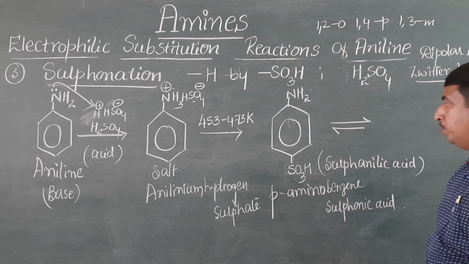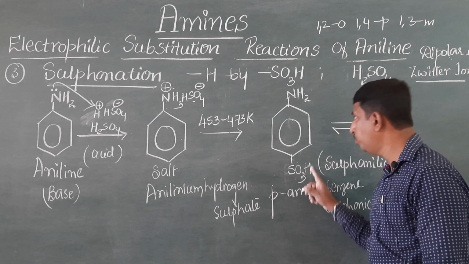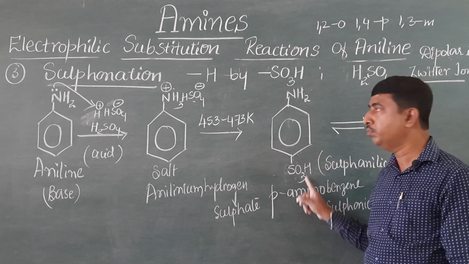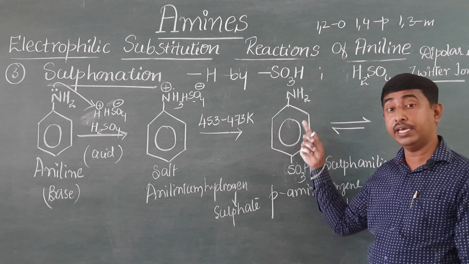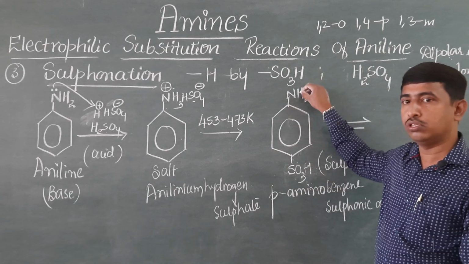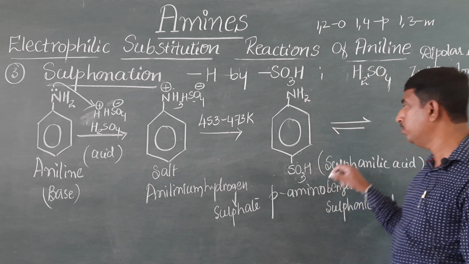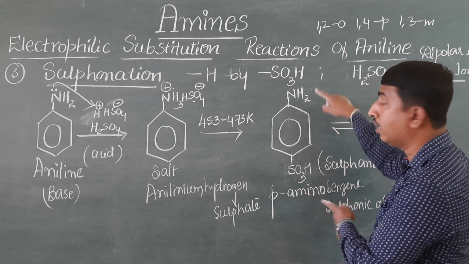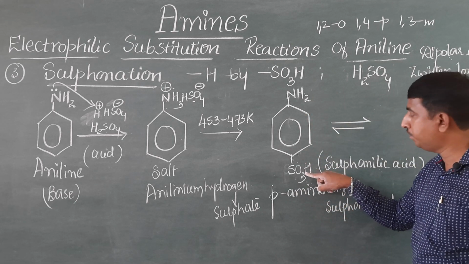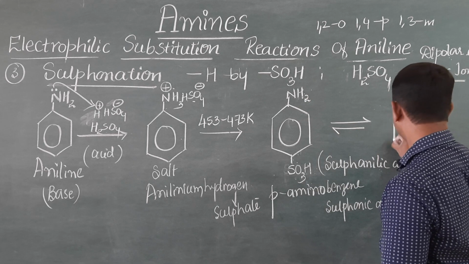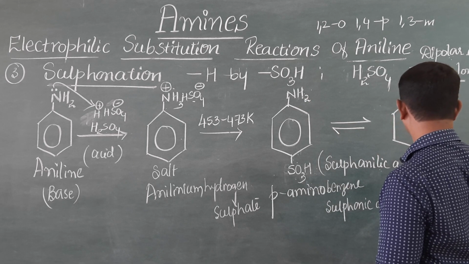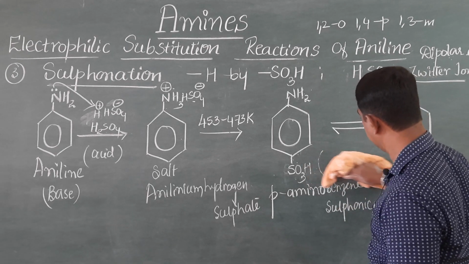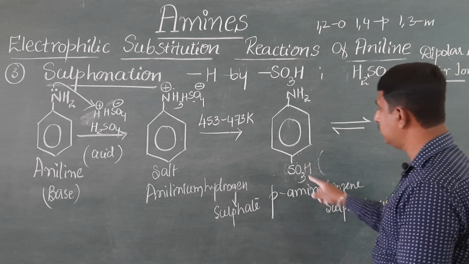This is due to the presence of both an acidic group as well as a basic group. Sulfonic acid is an acidic group. NH2 is a basic group. So due to the existence of both basic as well as acidic group, inside this molecule internal proton transfer takes place from the sulfonic acid group to NH2. This proton is acidic, correct?